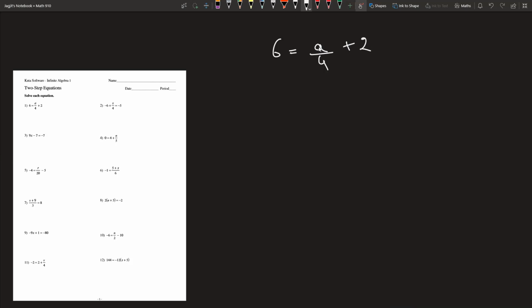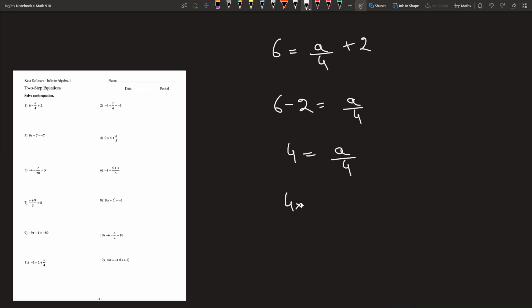So guys, pay attention. This is what you need to do. We're going to first get rid of this plus 2. So plus 2, when it goes to the other side, what will it become, guys? Minus 2. So 6 minus 2 is 4. So then you have 4 is equal to a over 4. And then you're going to cross multiply the 4.